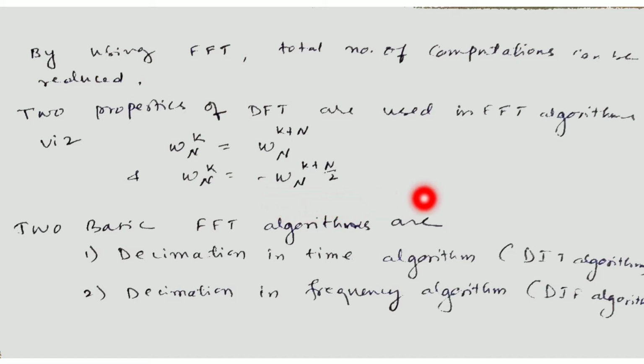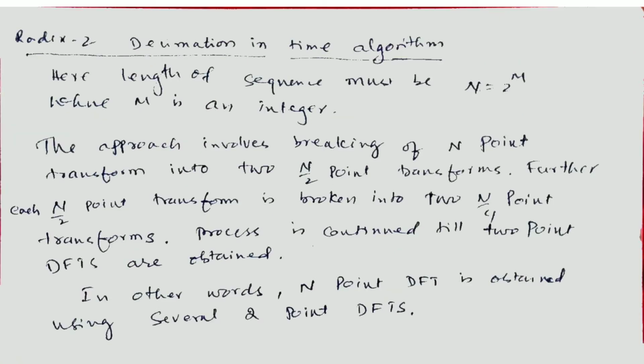As I told you already, there are two basic fast Fourier transform algorithms, namely the decimation in time algorithm and the decimation in frequency algorithm. We now consider the radix 2 decimation in time algorithm. When I use the term radix 2, I mean that the given sequence x(n) has a length N which is given by N equal to 2 to the power of M, where M is any integer.